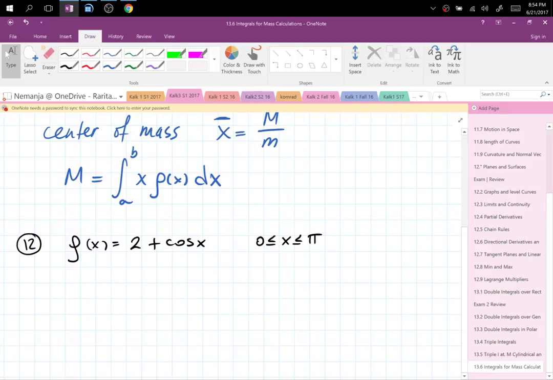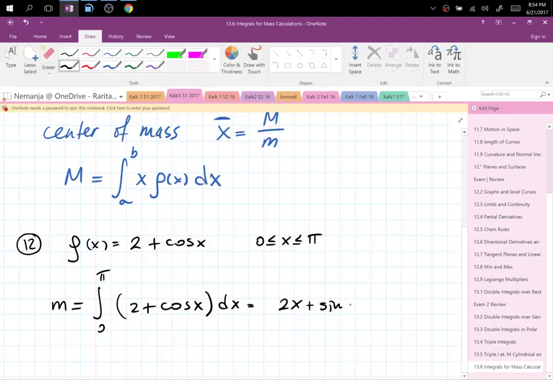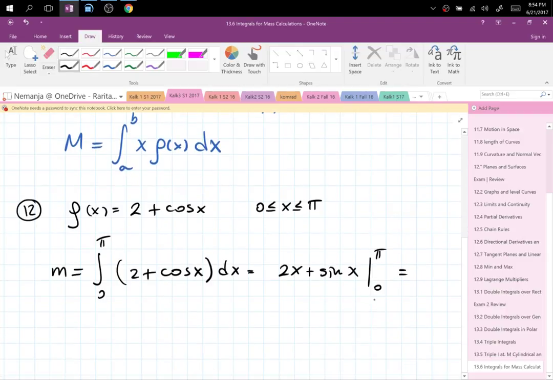So we find the mass of the object first: the integral from 0 to pi of 2 plus cosine x, don't forget parentheses, dx, which is 2x plus sine x computed from 0 to pi. Sine of pi and of 0 are both 0, so we have 2 pi. So mass is equal to 2 pi.